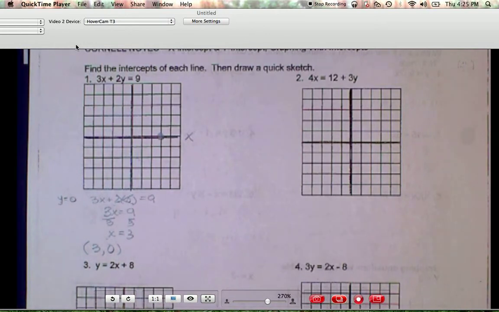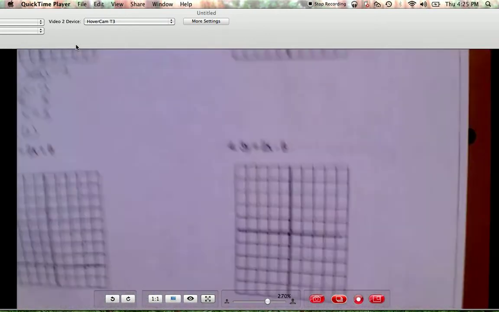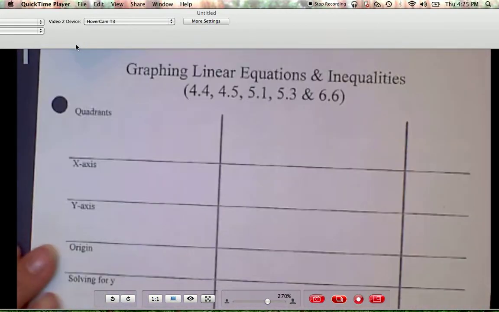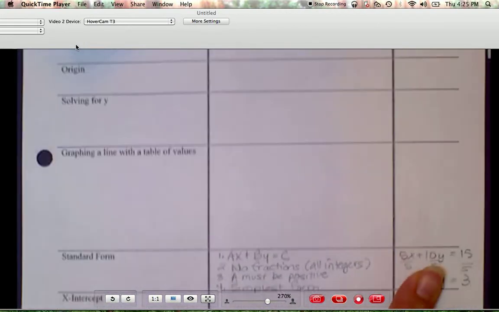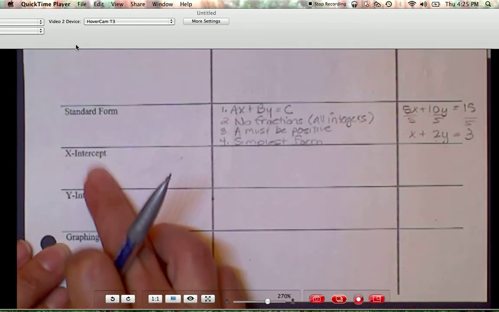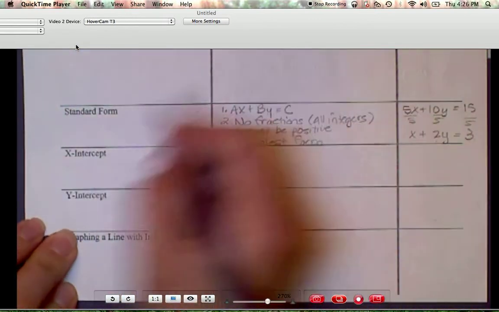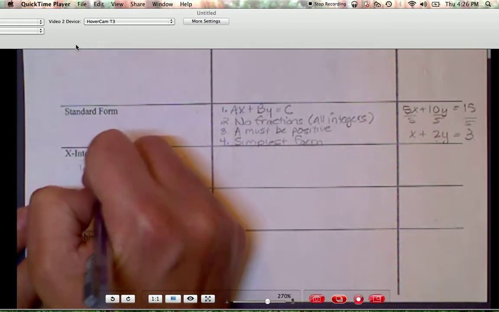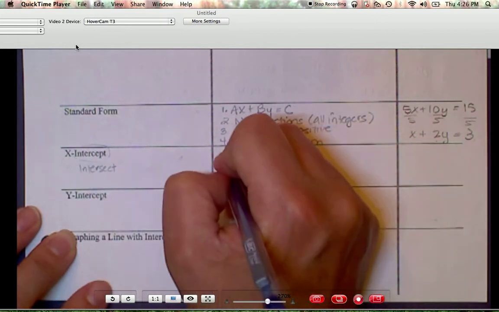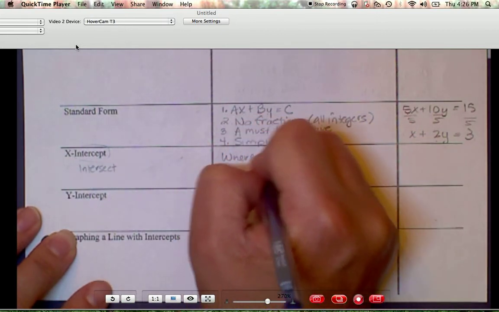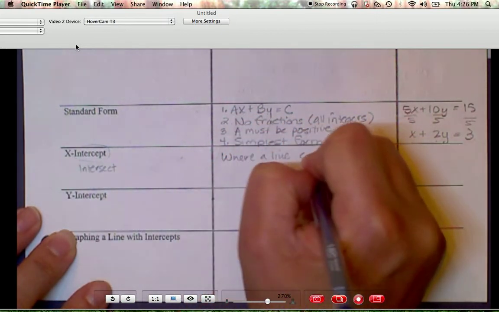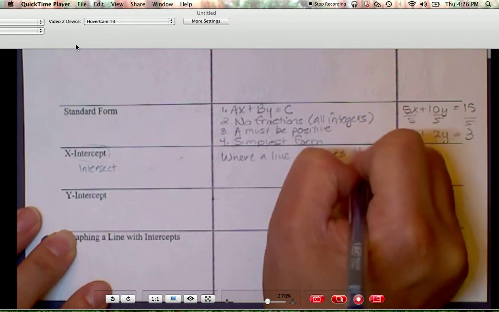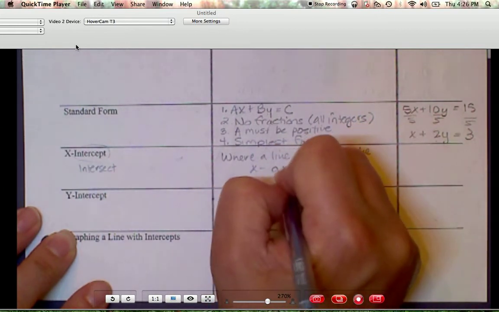So let's actually fill in the definition of an intercept first. I'm getting ahead of myself here. So underneath standard form it says x-intercept and y-intercept. The x-intercept, think of the word intercept. It sounds a lot like intersects or intersect. It is where a line crosses the x-axis.